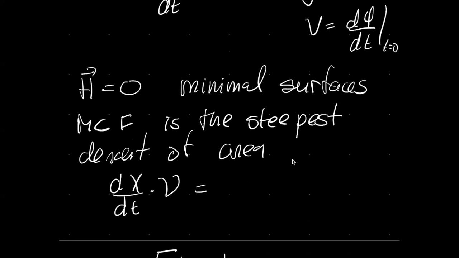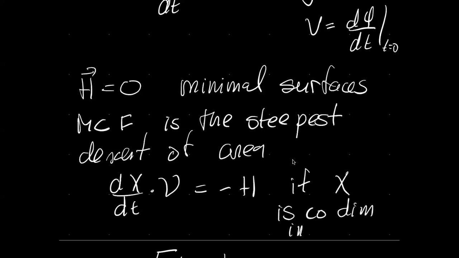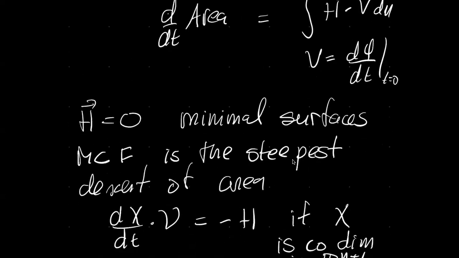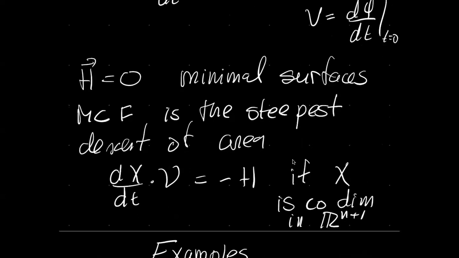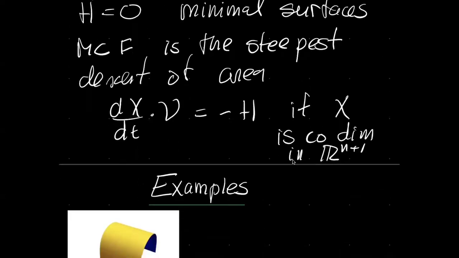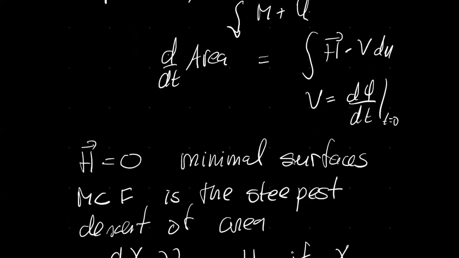This is if M is codimension 1. It can be in any manifold, but let me do it for now in R^(n+1). We're going to change manifolds soon. In this case there's only one normal direction, because in higher codimension this doesn't make sense, since you have many normal directions.